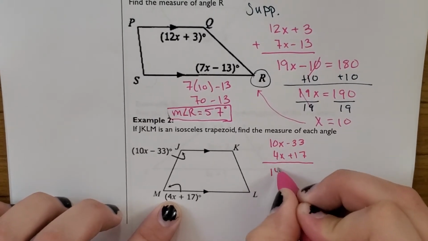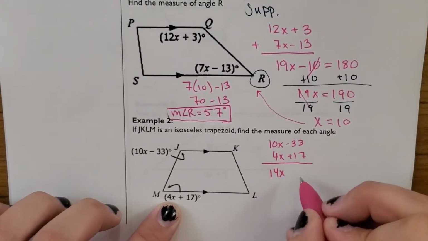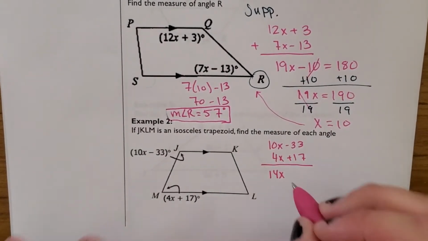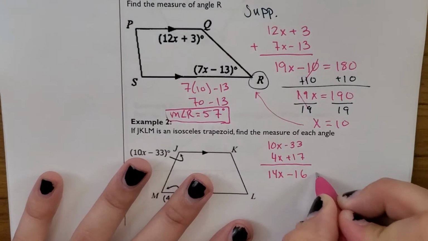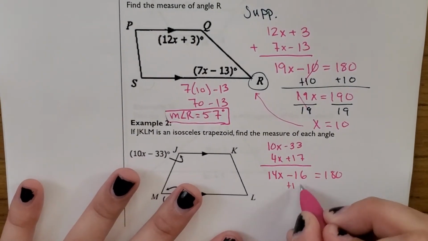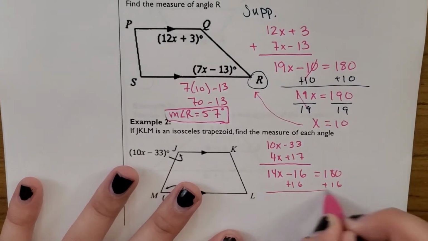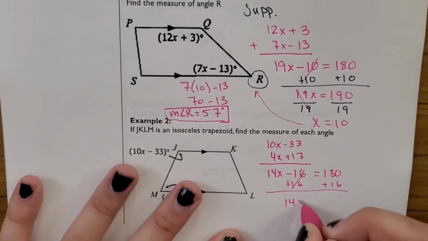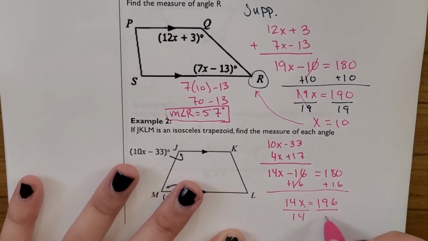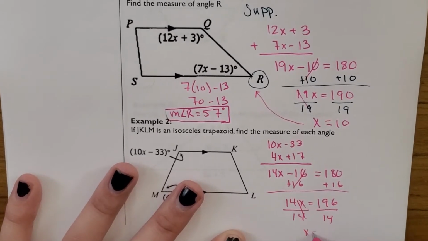So here I get 14x. Over here I got, well, negative 33 and 17, so negative 16. And again, set that equal to 180. So I'll go ahead and add my 16 to both sides. 14x equals 196. And if I divide both sides by 14, I get that x equals 14.